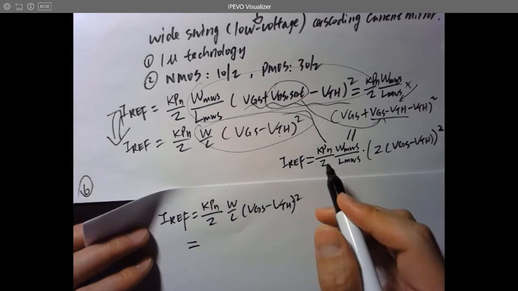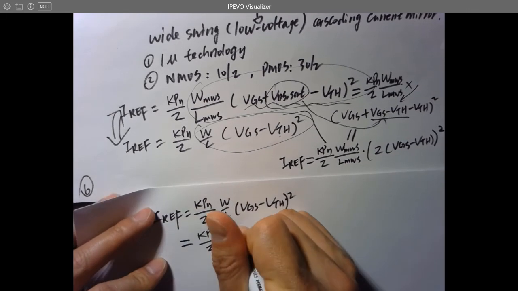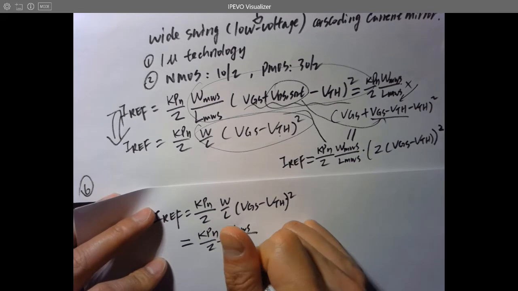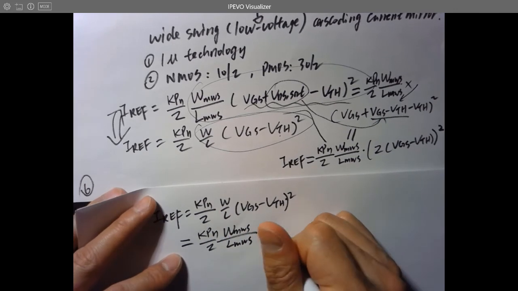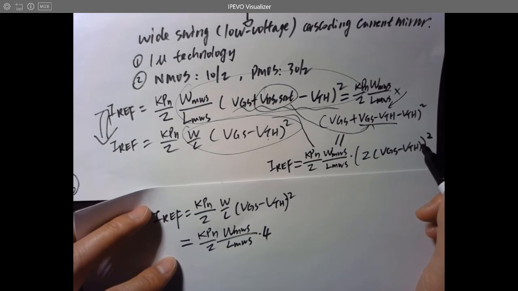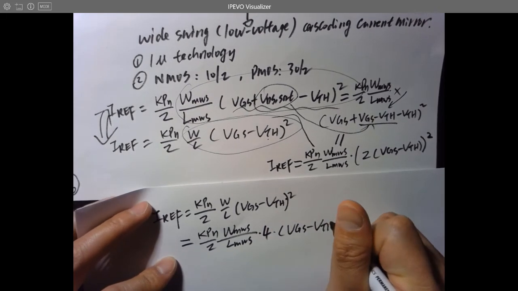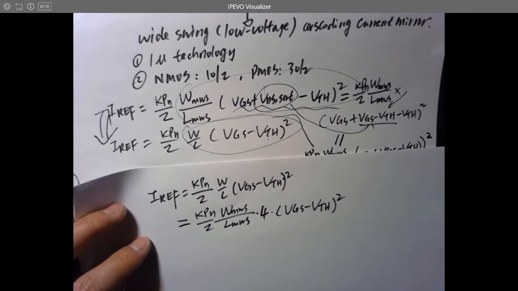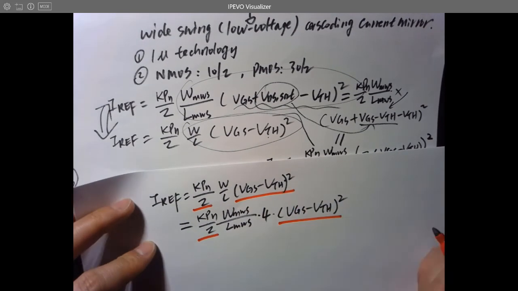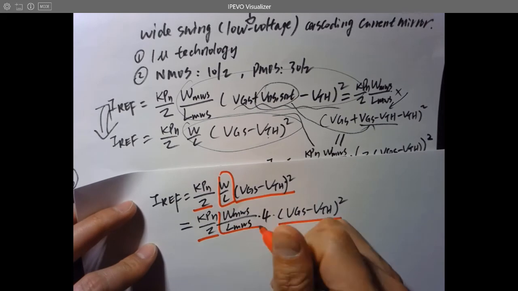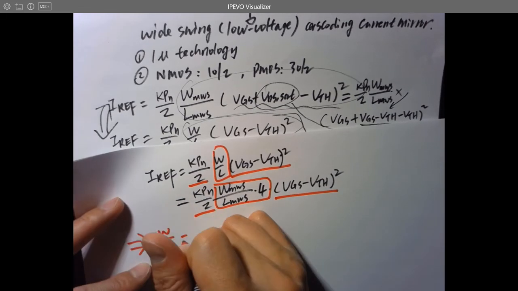And this also equals this, which is KPN times 4, because you take 2 out from this square, and VGS minus VTH. We find all the rest of the equations are the same, so only this part is different. So we can get a conclusion, which is this.